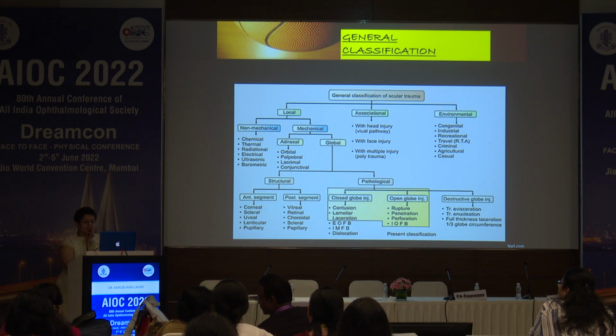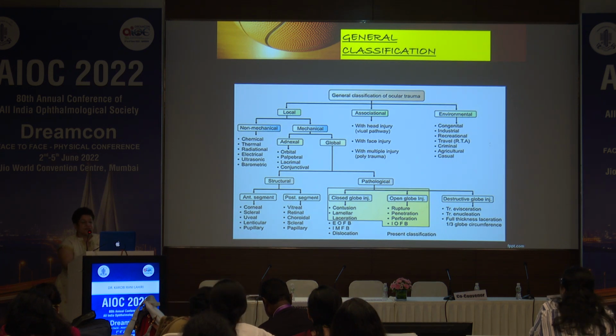And the pathological is again subdivided into closed globe and open globe. The same three, contusion, lamellar, and laceration, are there, but there is also extraocular foreign body, intramural foreign body, and dislocations. And in the open globe, there are rupture, penetration, perforation, and IOFB.